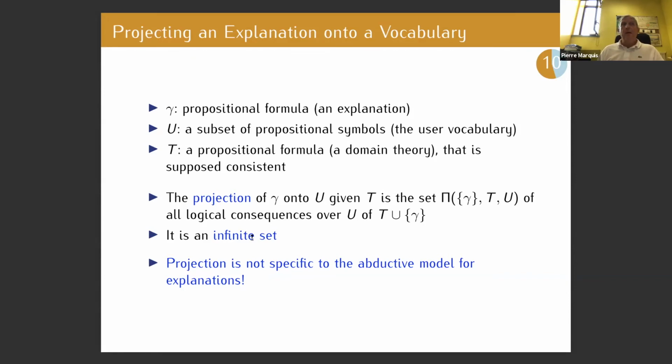Of course, this is an infinite set in general. And what is very interesting to note is that this projection mechanism is not specific to the explanation model we have considered. It is not specific to abduction. As soon as you have a domain theory, an explanation, and a user vocabulary, you can compute such a projection, whatever the way the explanation has been generated.